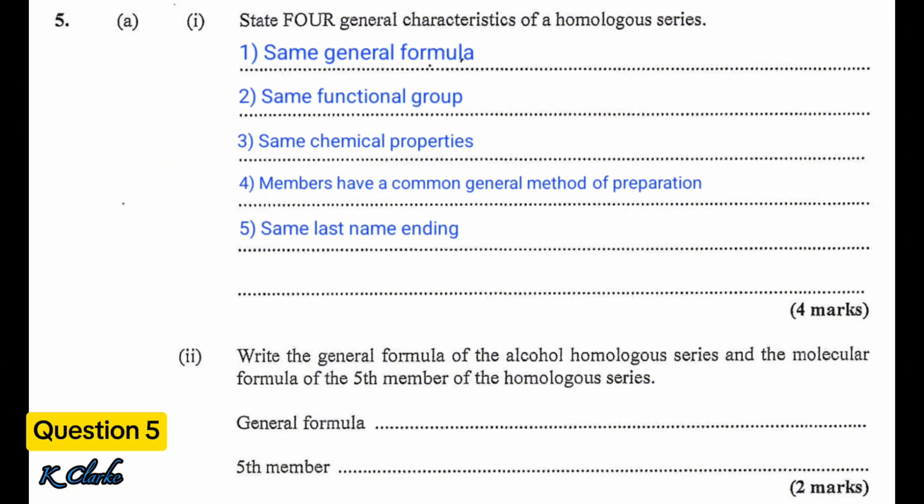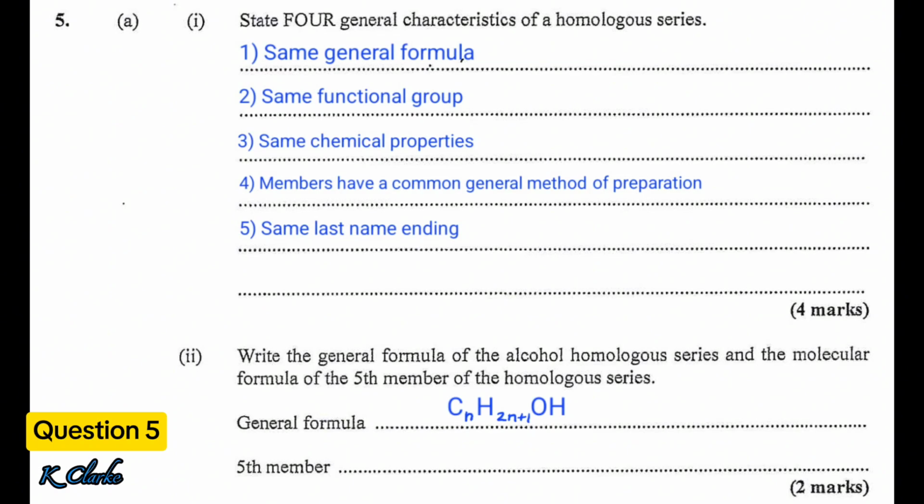Part 2. Write the general formula of the alcohol homologous series and the molecular formula of the fifth member of the homologous series. The general formula will be CnH2n+1OH.